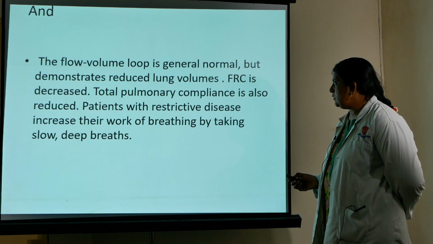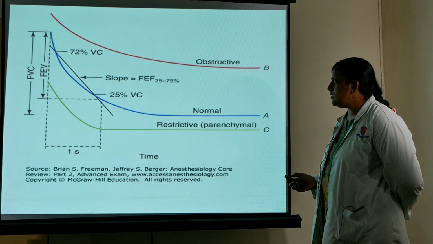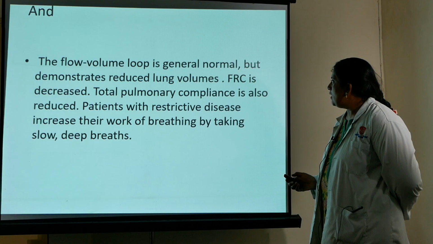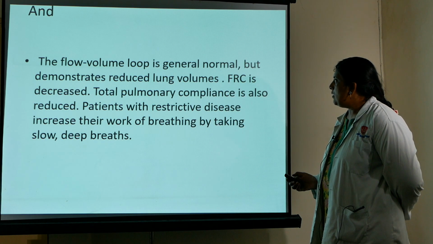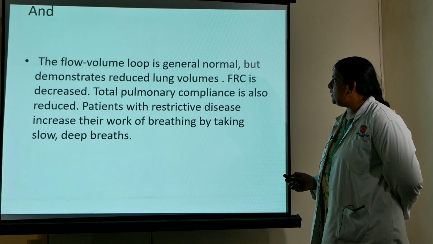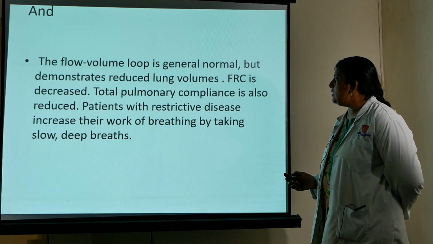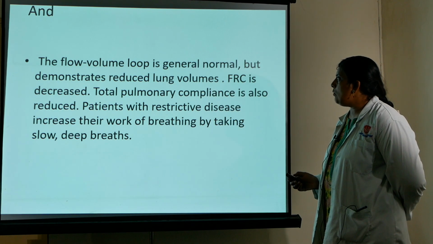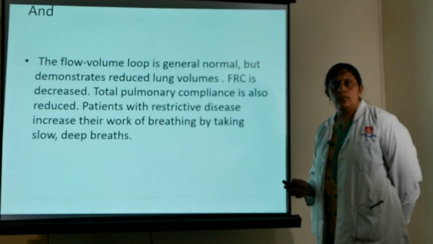As you can see, it demonstrates the reduced lung volumes, and FRC is decreased. Total pulmonary compliance is also reduced, and patients with restrictive disease increase their work of breathing by taking slow and deep breaths.